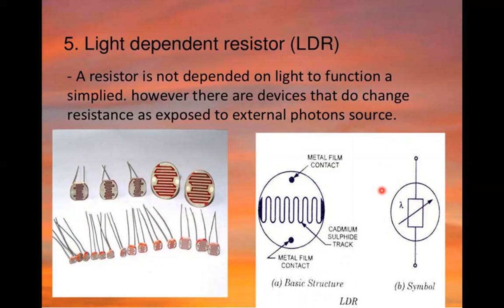So these are devices that change their resistance when exposed to external photon sources. You can see this is a metal contact. This is a cadmium sulfide track.